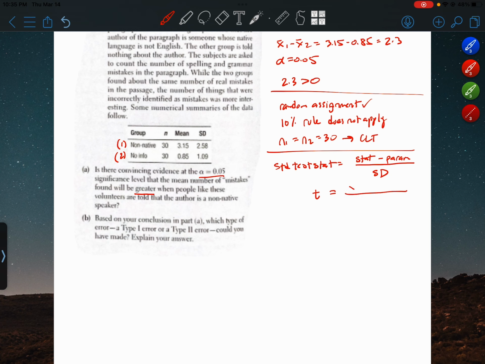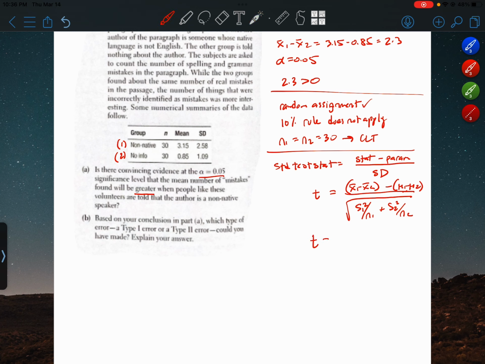Our statistic is the difference in the sample means. The parameter is the difference in the true means. And the SD is this square root expression, S1 squared over N1 plus S2 squared over N2. All of these expressions are going to be on the formula sheet, and you just plug it into the general formula.